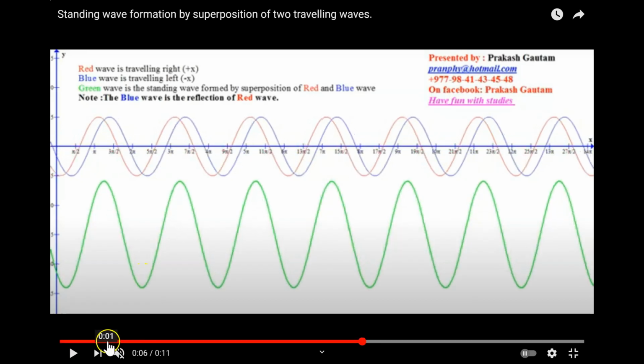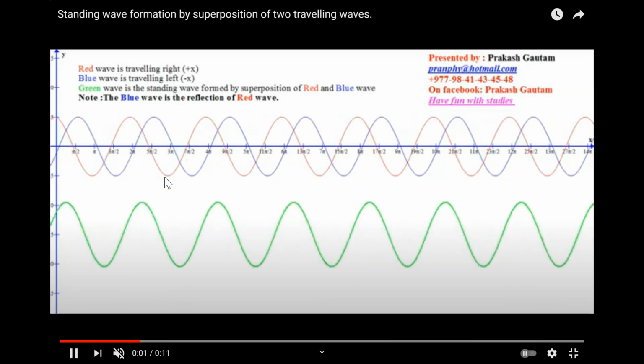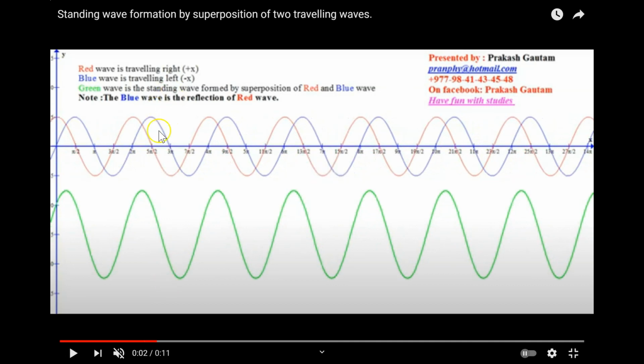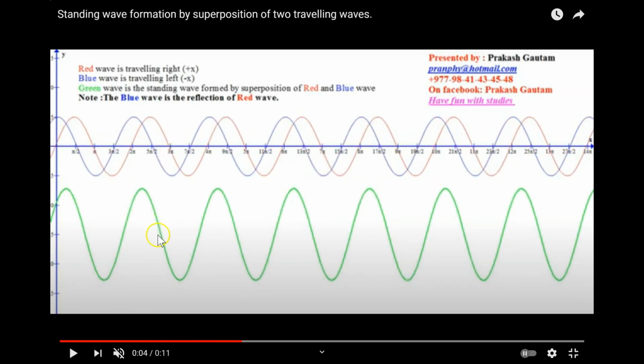And if we let a little time pass, at this node, blue is positive at this location, red is negative. That's destructive. At this location where my mouse is going vertically, red is negative, blue is positive, so destructive. Now, at this location, red is positive and blue is negative. So they're always interfering destructively at a node, giving zero displacement.